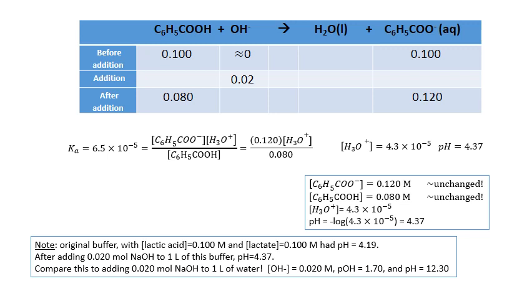So if you take 0.02 moles of NaOH and add it to a liter of water, the pH rockets from 7 all the way to 12.3. When we put that same 0.02 moles of NaOH in our buffer, it just went from 4.19 to 4.37. So it's a much, much smaller change.